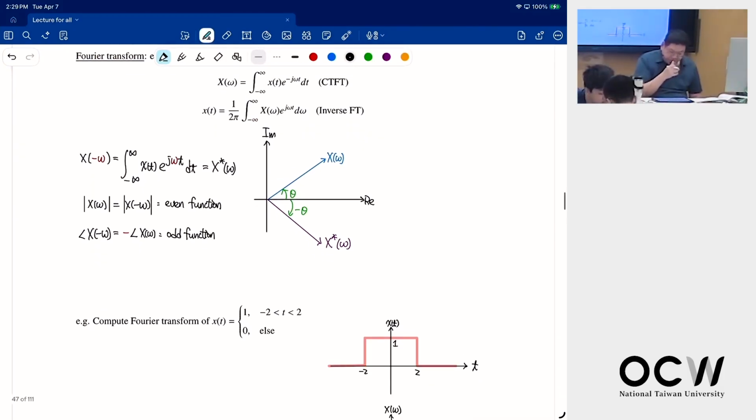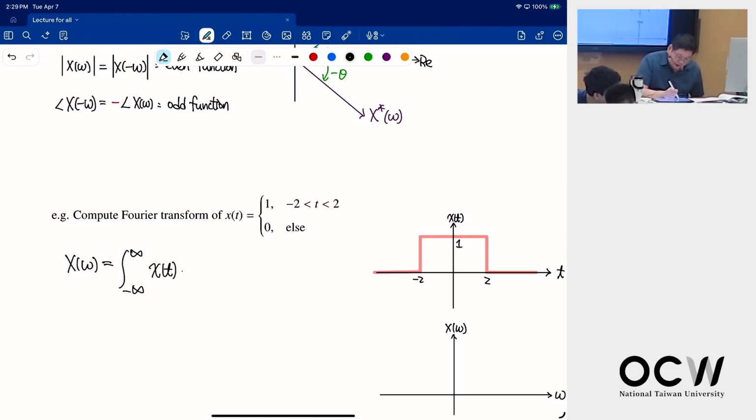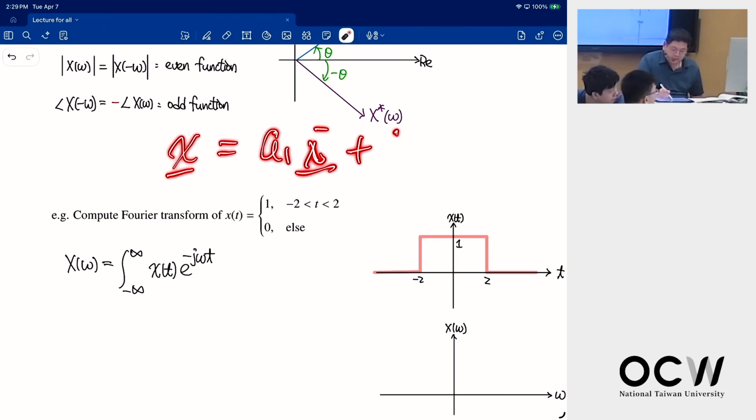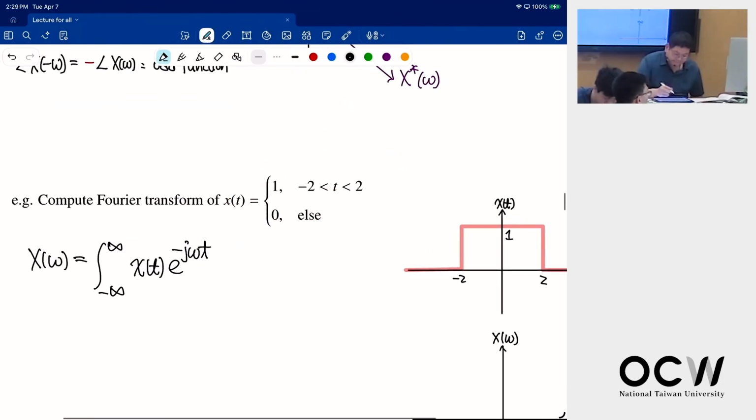First, let's just use the definition. X of omega: your signal inner product with the basis gives you a coefficient, like a1 i plus a2 j, where a1 is x inner product the basis. Here it is also the basis, dt.